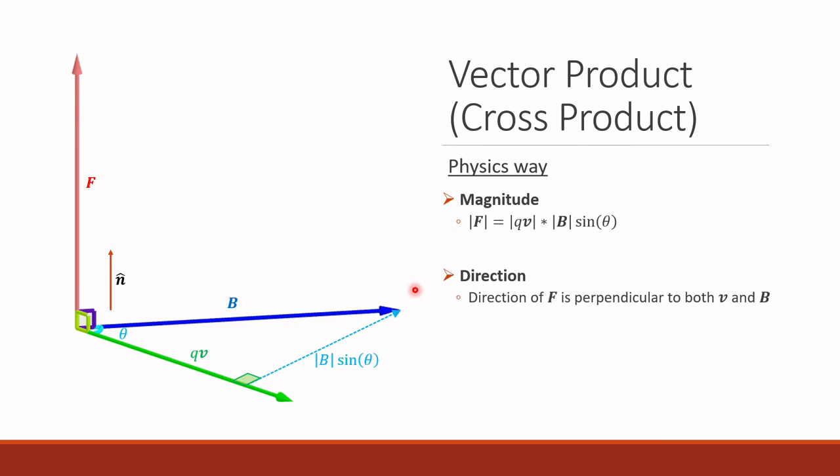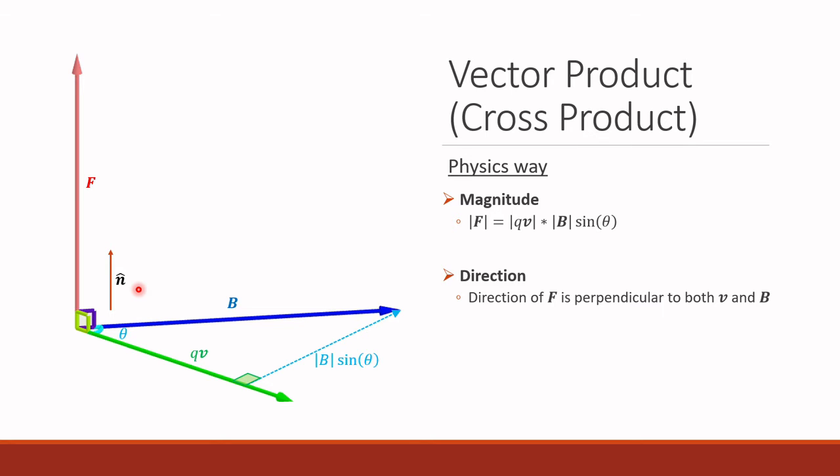And for the direction, as described earlier, it has to be perpendicular to both V and B. So I will denote it with this vector n hat over here. You can see that this vector is perpendicular to the blue and green, and the hat just means that we treat it as a unit vector so that it is only responsible for the direction, because the length is 1.